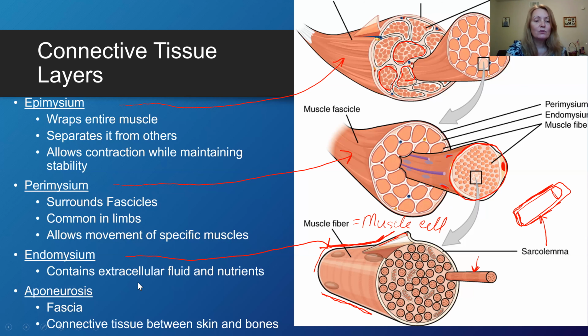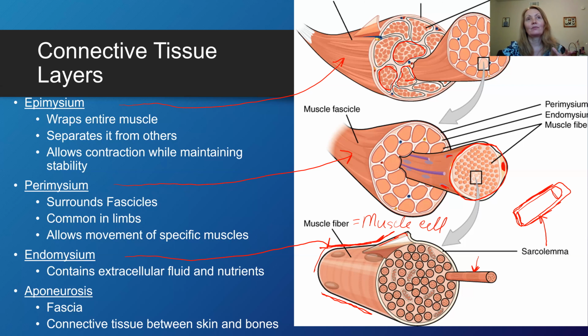Now, what is aponeurosis? Aponeurosis is connective tissue. Another name is fascia. It says here it's a tissue between skin and bones, but okay, your muscles are connected to your bones, for example.